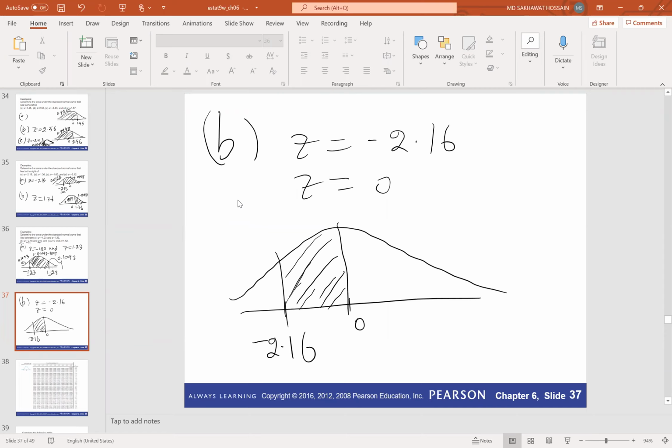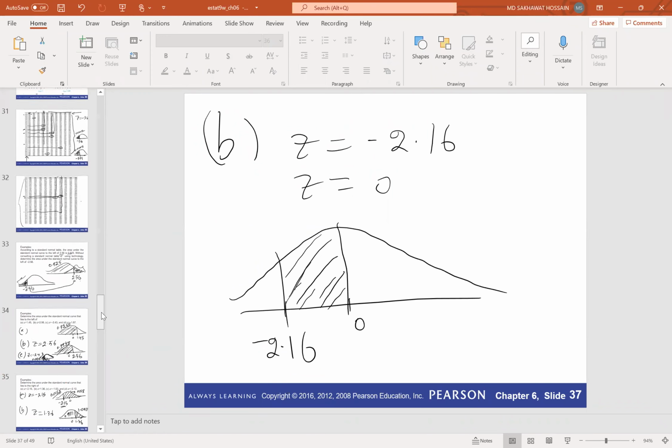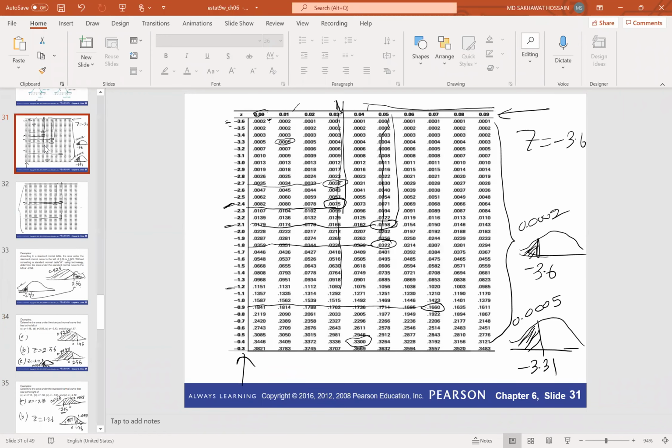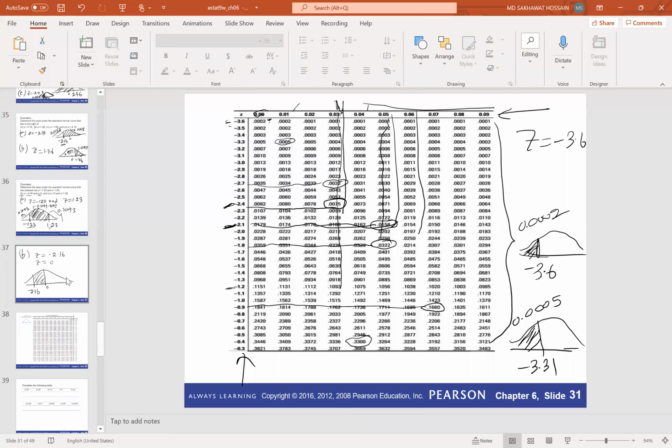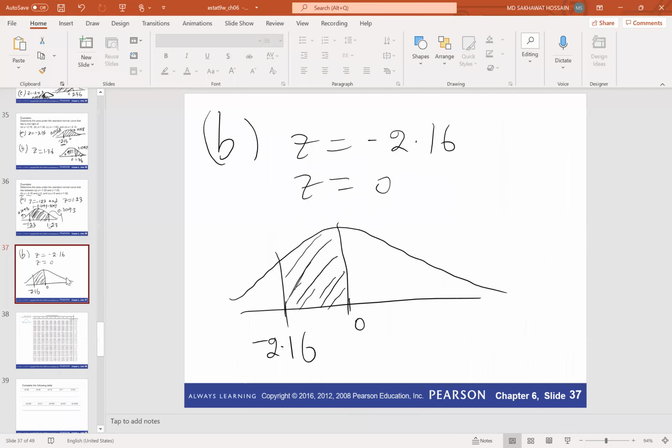From the table, if you look at negative 2.16, negative 2.1 is here and 6 is here. So it will be 0.0154. So this area is 0.0154.